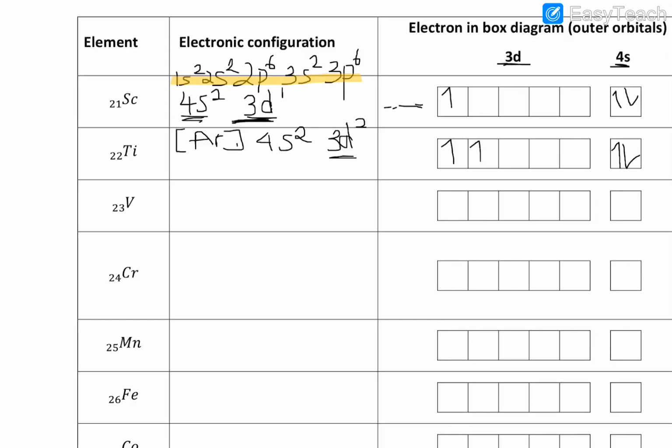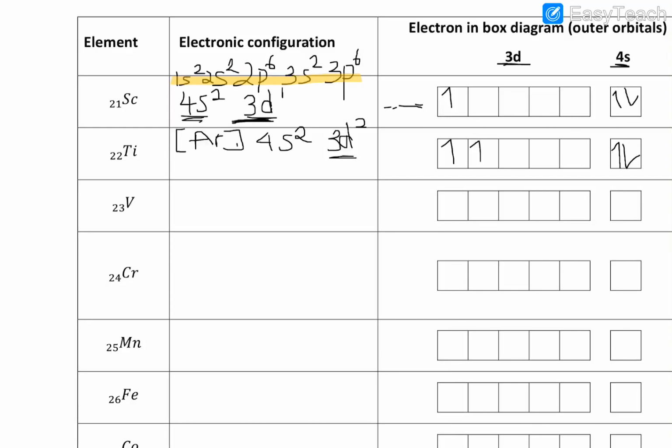Okay, now when I'm drawing the electron in box diagrams for the outer orbitals, I'm going to draw it in order of the energy levels. But when I'm filling in, I'm filling in according to the Aufbau principle, and when writing the electronic configuration, you should write it in order of the energy levels.